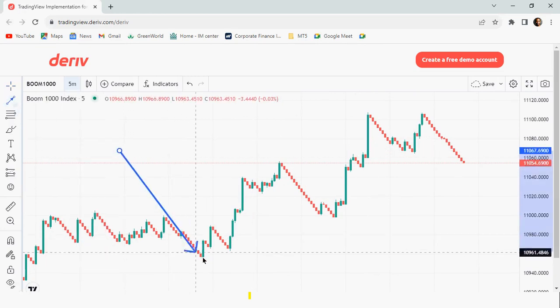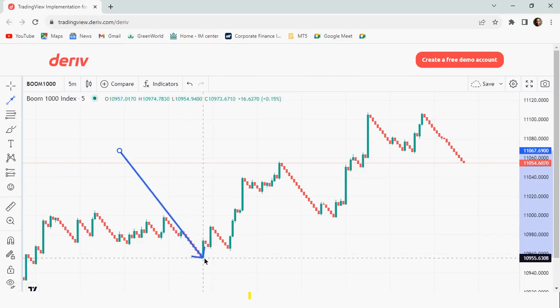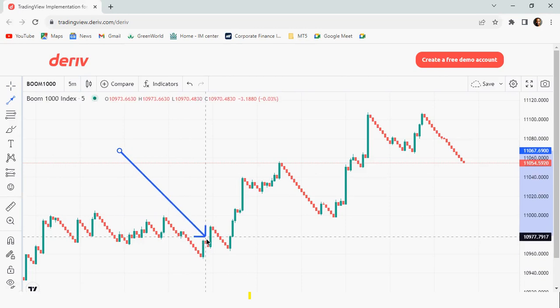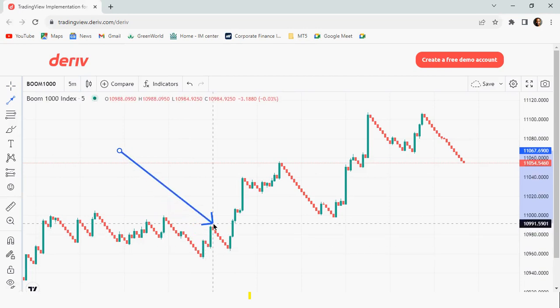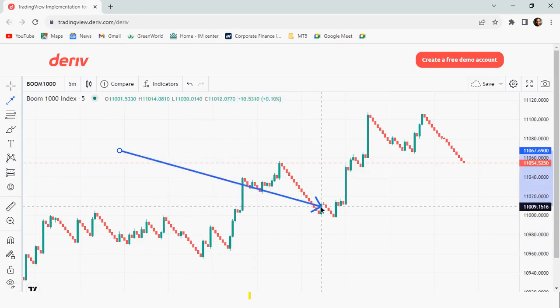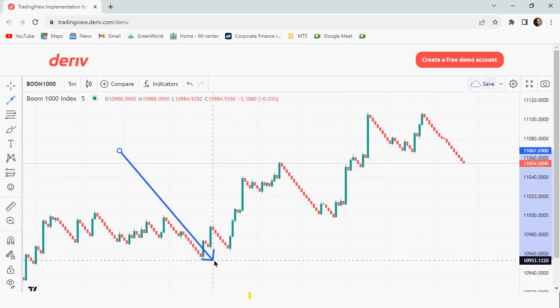You wait for the bounce to happen, like here, there was a bounce, then you enter. So if you waited for this bounce to happen, this one candle, then you enter buy. You could have gotten this second candle, again this candle, it keeps going. So this is the bounce.